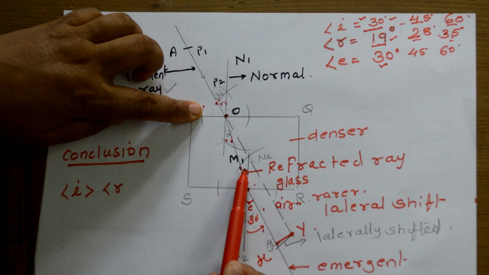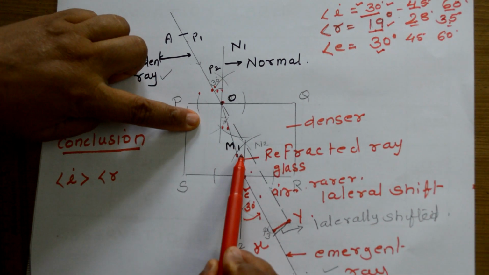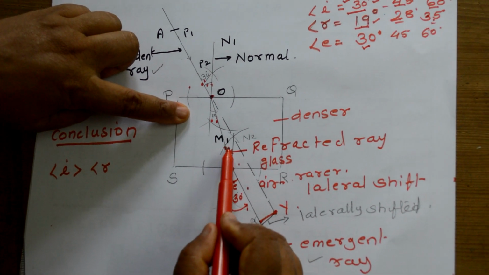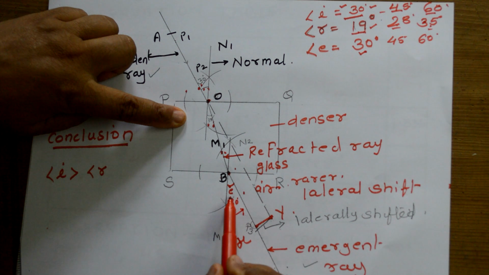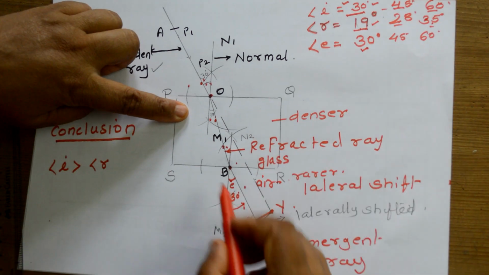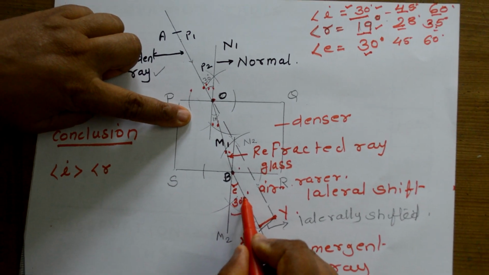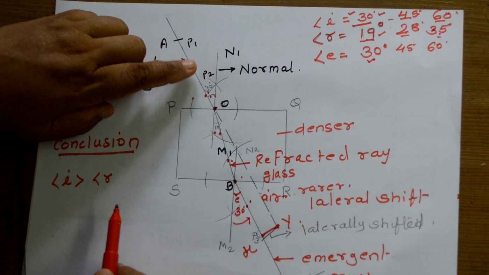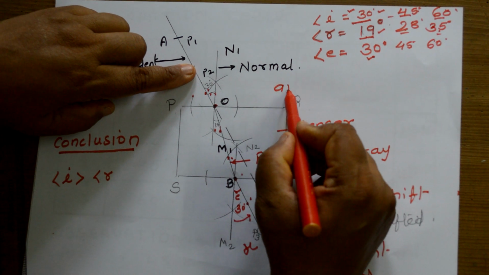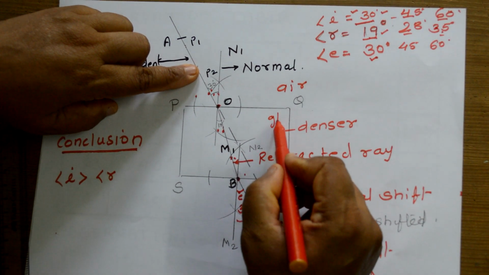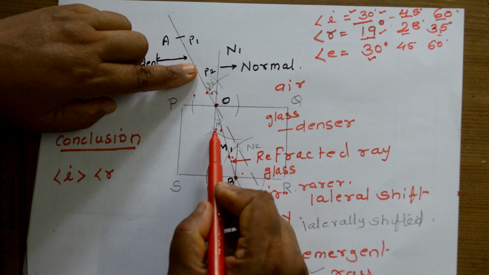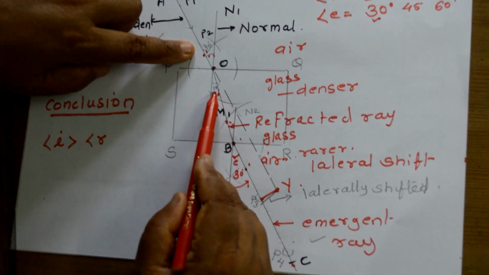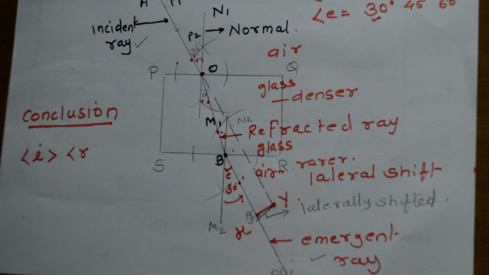The angle of incidence is 19 degrees in this case, then this angle will be 30 degrees. That means the refracted light ray will be moving away from the normal. But when the light ray enters from air to glass, it bends towards the normal. The angle of incidence is 30, but here the angle of refraction is 19 degrees.